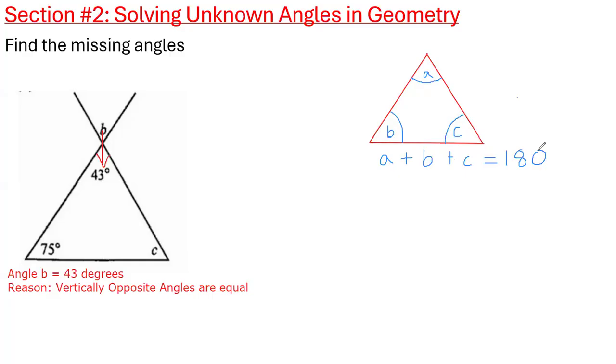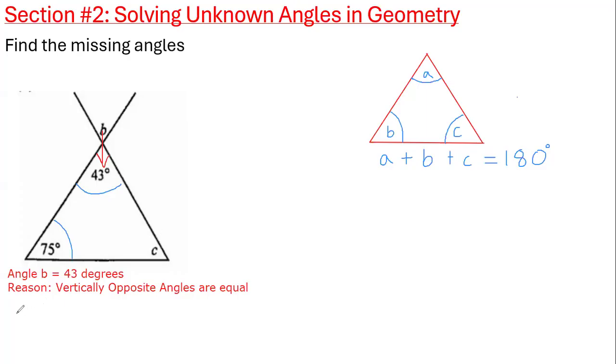Why is that? Because the interior angles of a triangle add up to 180 degrees. Which means that 75 plus 43 plus C must all equal 180 degrees.